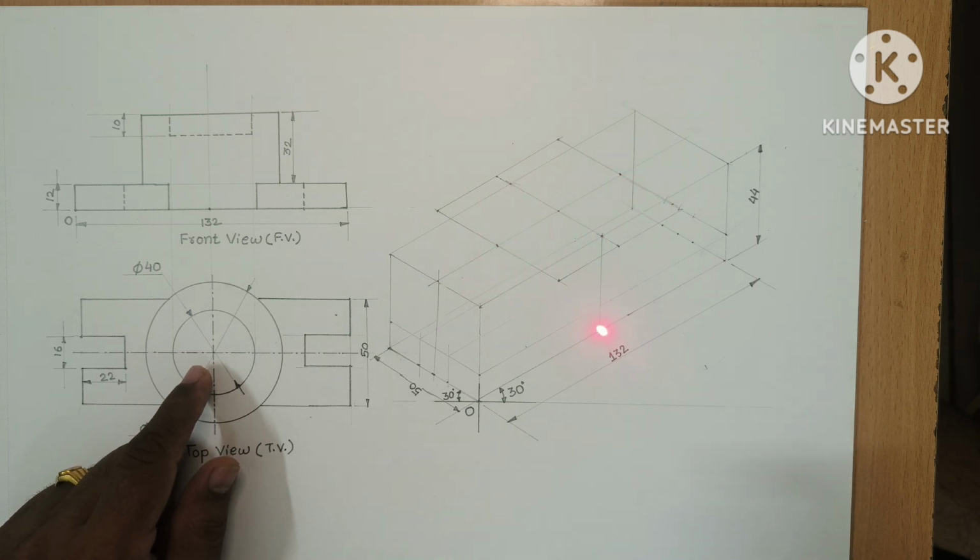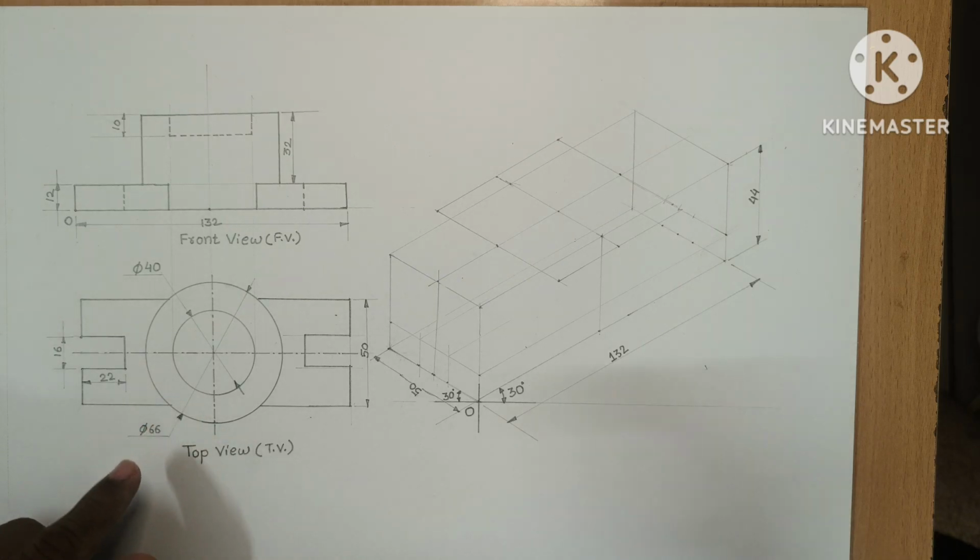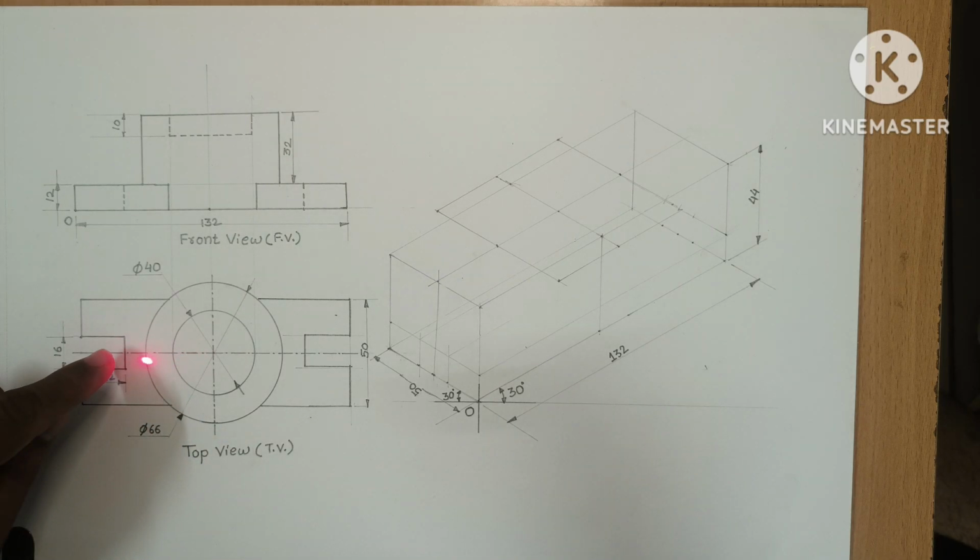I have taken the center point of 132 divided by 2 here, then 50 divided by 2, that is 25. I have taken the center point here, then this center point is transferred here. Then first of all I will take the circle from the top view.